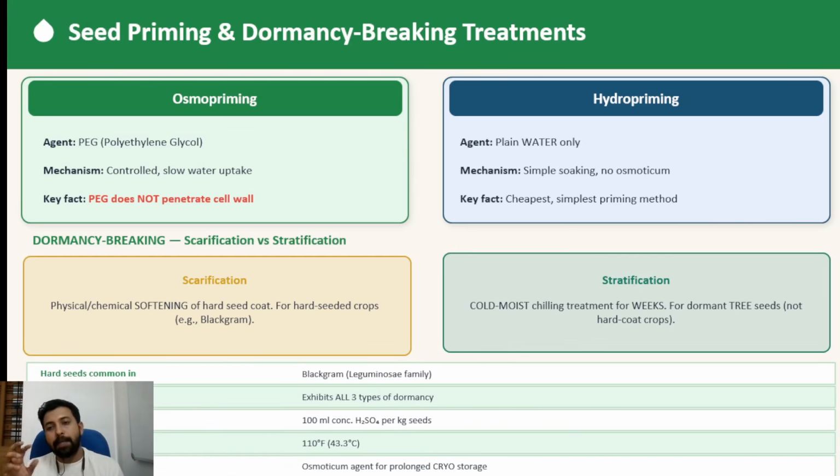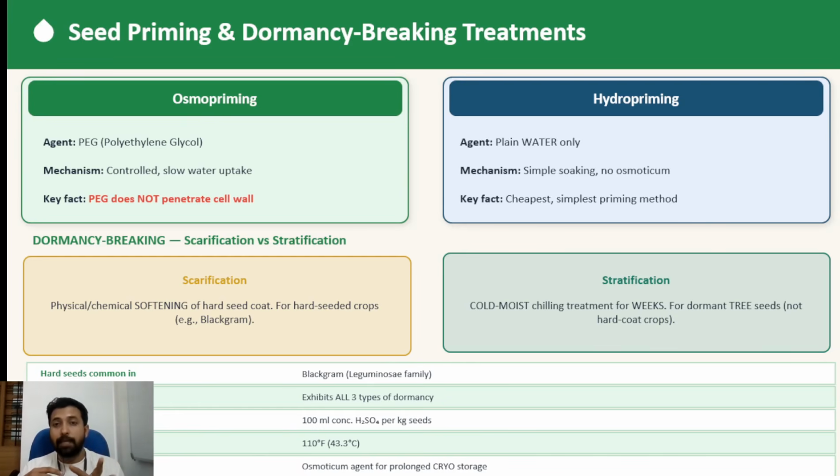While hydro priming is more of a simple thing. You just soak the seeds. You take the seeds and, just like at home, soak them in water, and then go for sowing. That is the way people commonly do it. That is hydro priming. You are just allowing the seed to imbibe the sufficient amount of water it needs for germination.